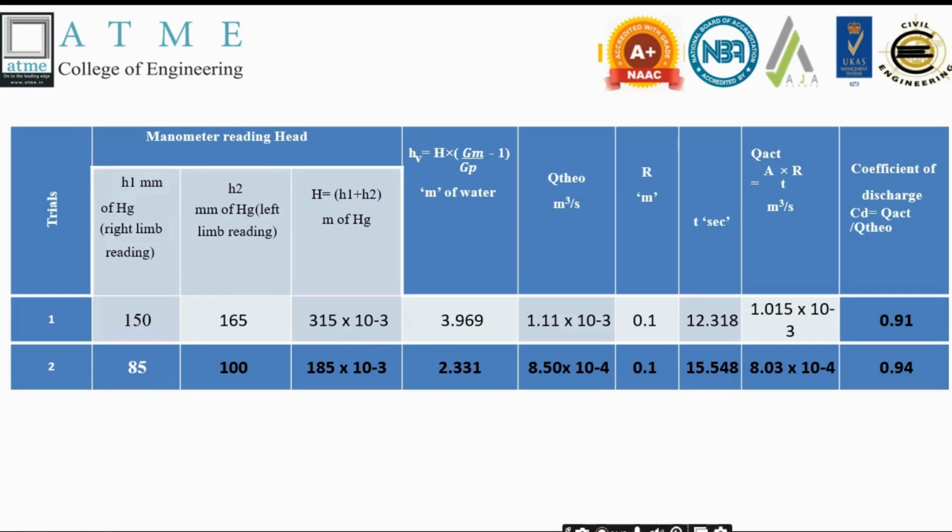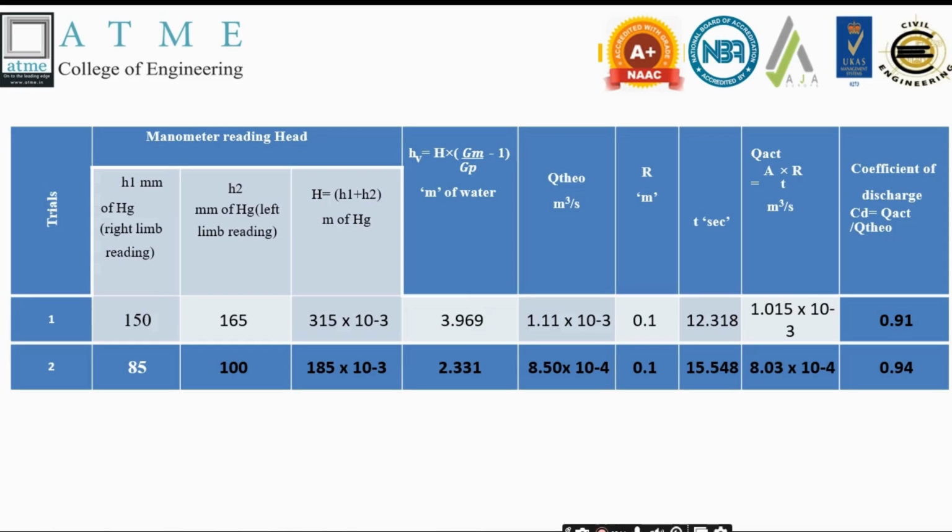Once the capital H, that is the head, is calculated, next you can calculate the Venturimeter head HV using the formula H into (Gm by Gp minus 1). Gm is the specific gravity of mercury, 13.6 divided by 1, minus 1 gives 12.6. Multiplying 12.6 with the head gives 3.969 meters.